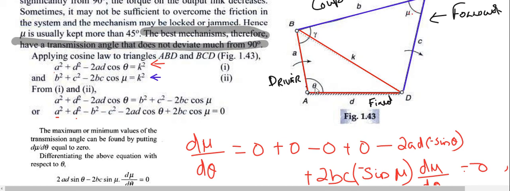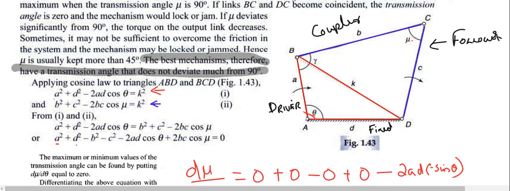We have now found that theta can go up to a maximum of 180 degrees, or down to 0 degrees. That means B will be along this line, here B along this line. This is when theta is equal to 180, and this is when theta is equal to 0. So that is the maximum condition theta can reach, but for good machines, mu should be around 90.